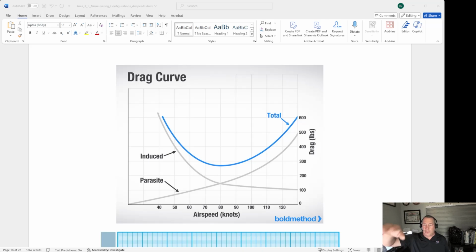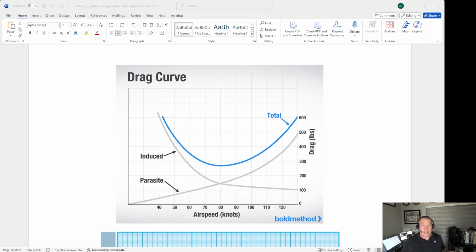Now, the vertical component here in this particular chart is drag. It says pounds. It could be tons depending on your airplane, but you get the picture. The drag increases however you measure it, or whatever unit you measure it in, as you go vertically. Now, as you increase in speed, parasite drag ramps up. You can see that.